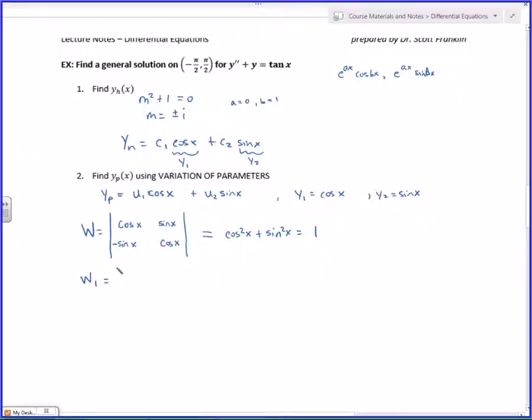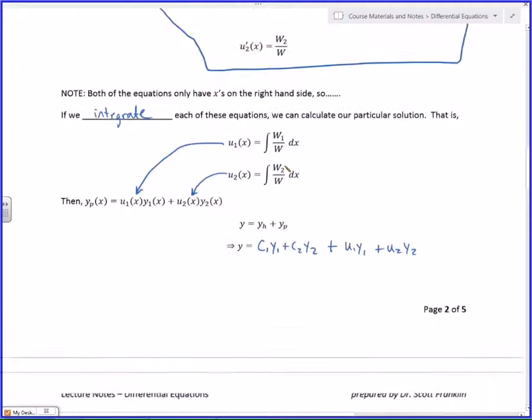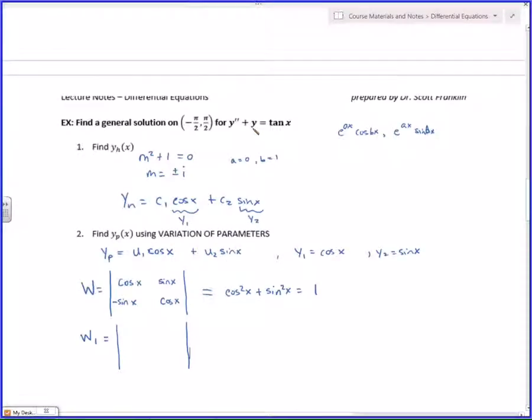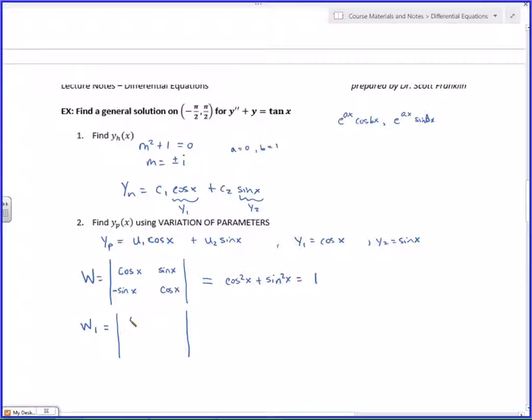Now w1. Remember for w1, we replace the first column with 0 and then the right-hand side function, which is tangent of x in our case. So 0, tangent of x, and then leave the second column the same: sine x, cosine x. So this is negative sine x times tangent of x.